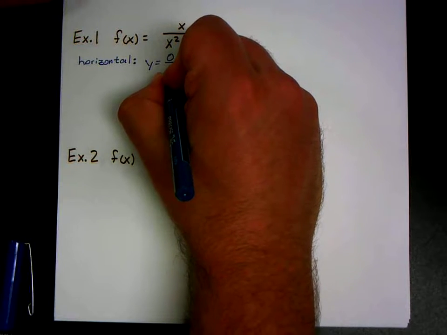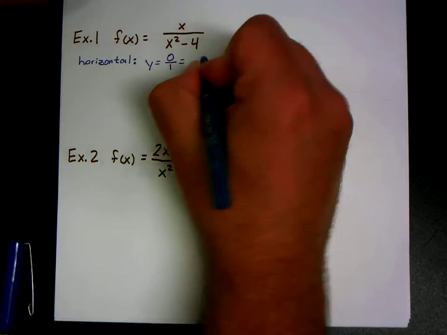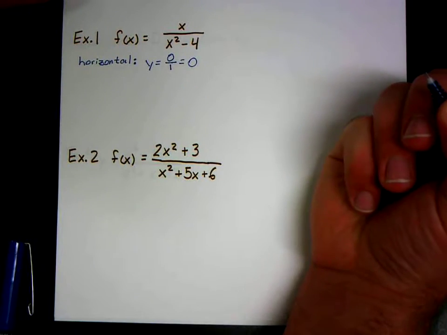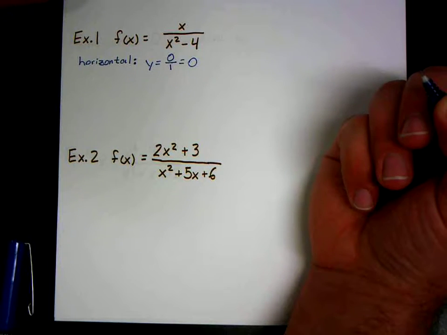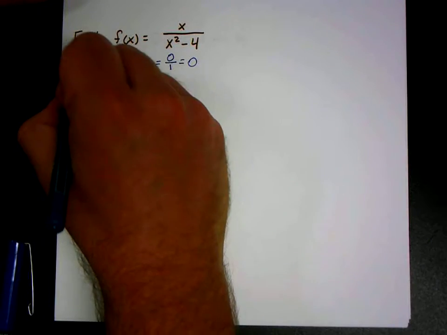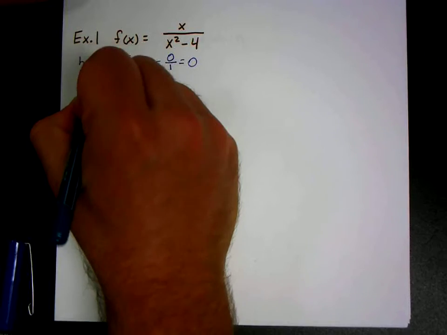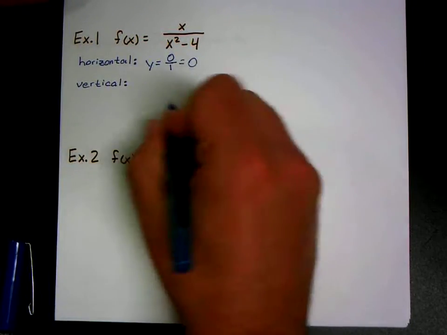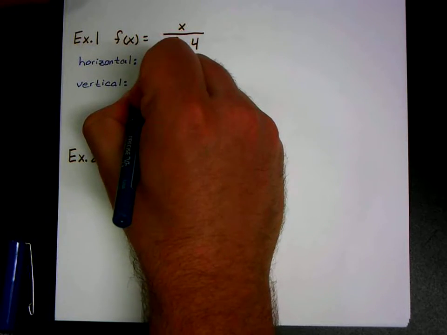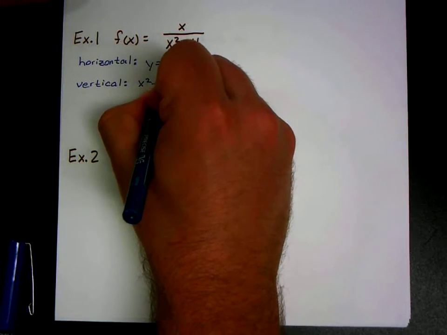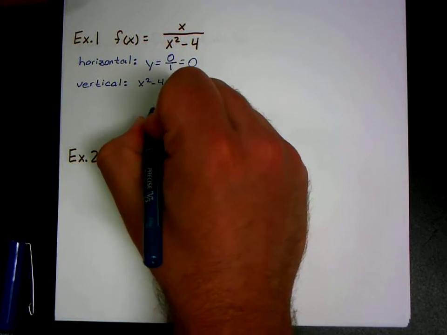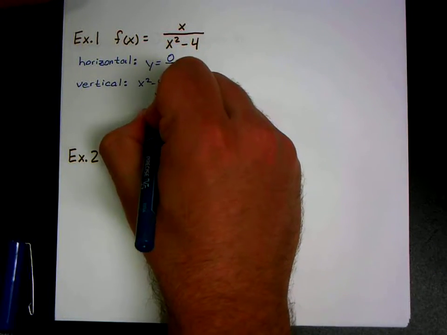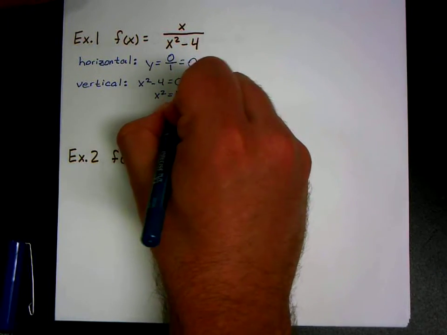And on the bottom, 1. So my horizontal asymptote happens at 0. Okay, vertical asymptotes. I just need to take the denominator and set it equal to 0. All right, you can either factor or isolate the square, either one.